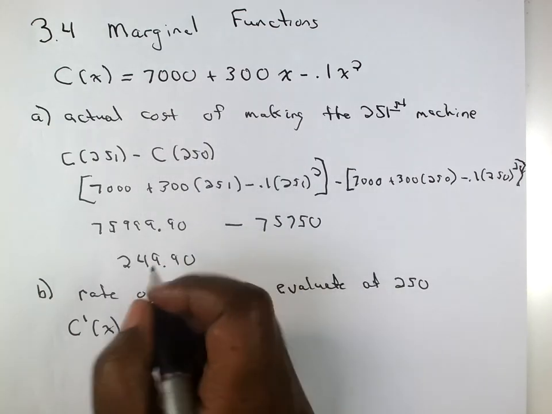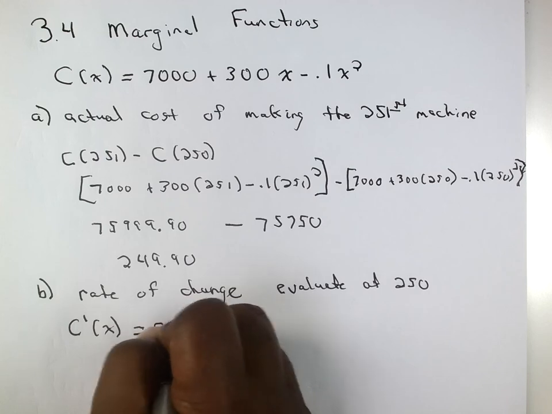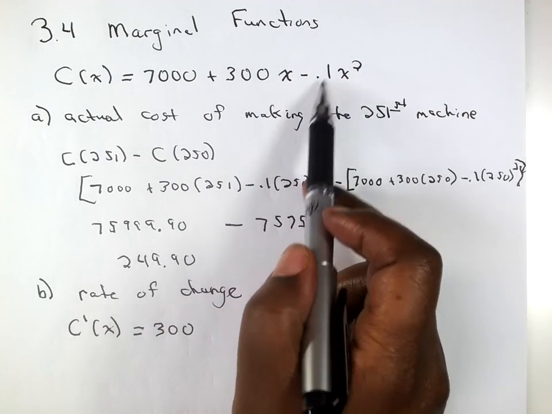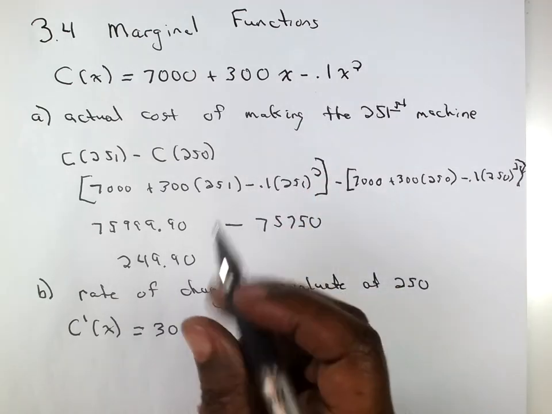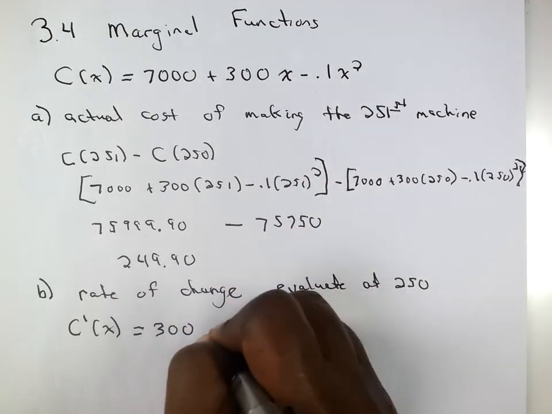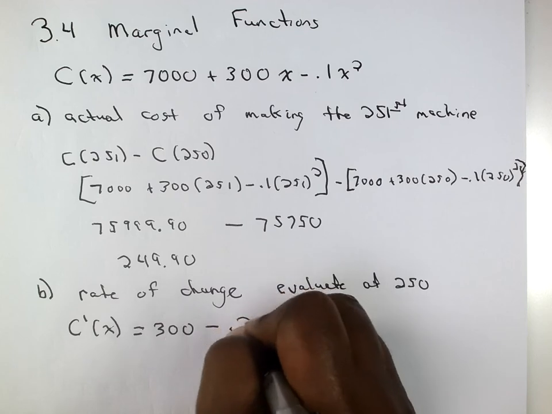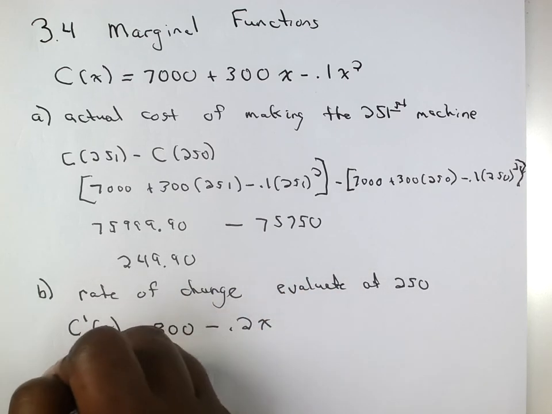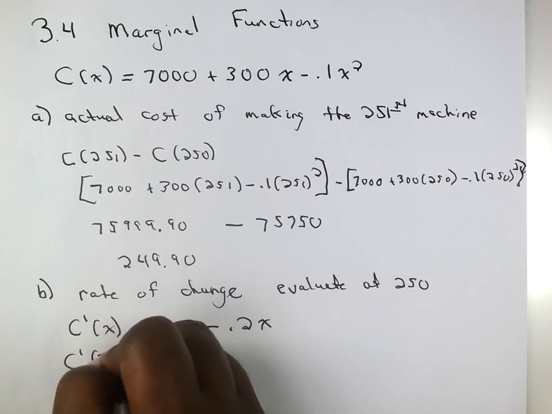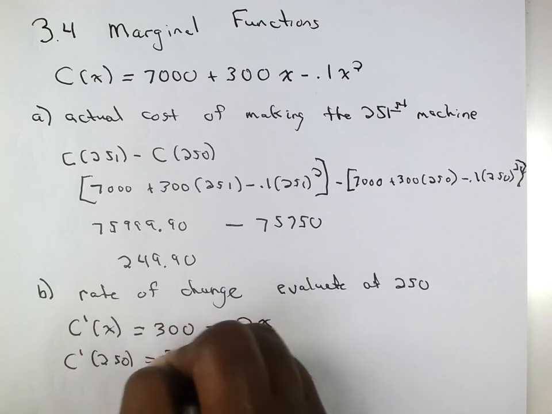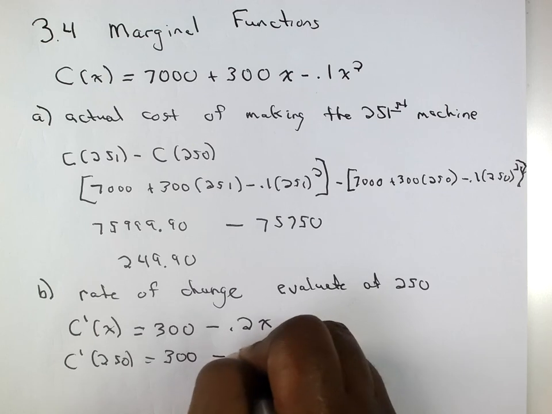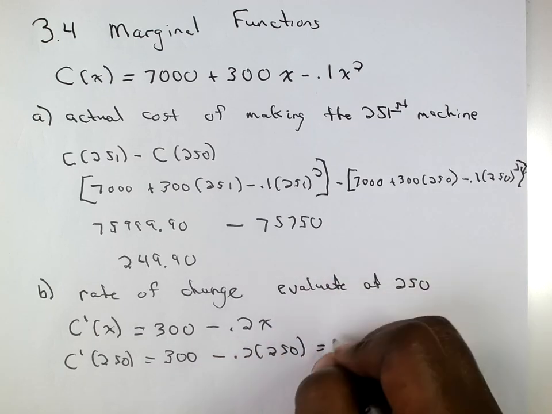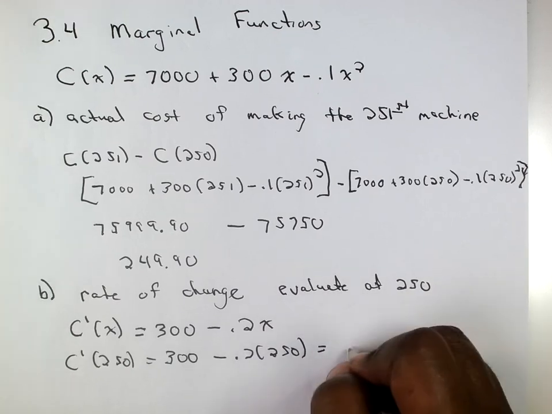Derivative of 300x, I get 300. And then the minus 0.1x squared, that 2 gets multiplied out front, so I end up with negative 0.2, and then the exponent becomes 1 because we have to subtract from there. So C prime of 250 is 300 minus 0.2 times 250. And that gives us 250.